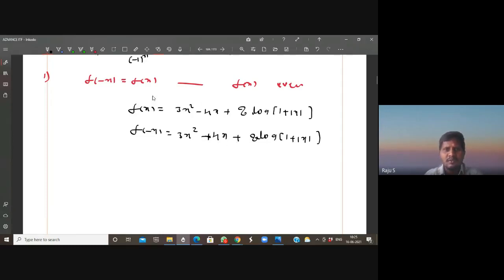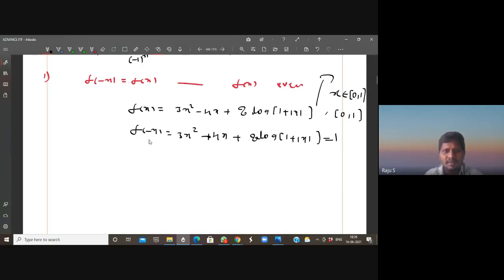So here two intervals will be there. The function they defined on the interval 0 to 1. But when we replace x by minus x, what is the interval it will become? When I replace x by minus x, what should we multiply here? Minus x. The given function they define for x belongs to 0 comma 1.